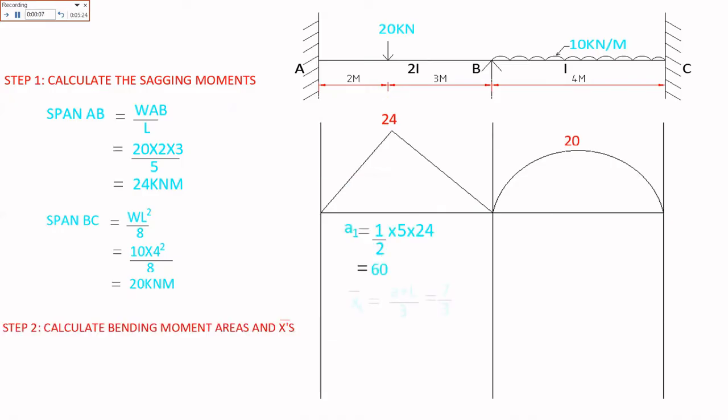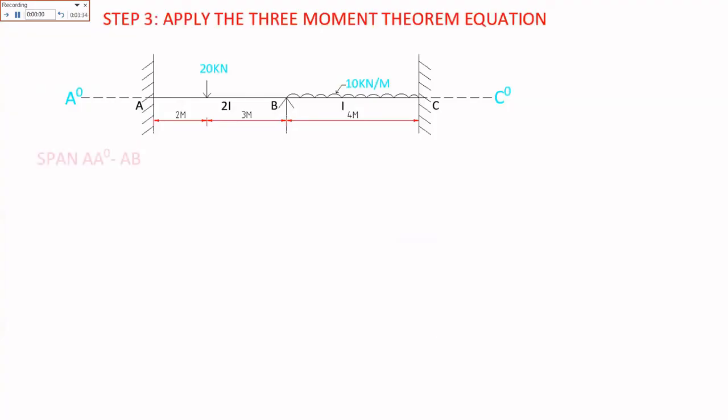I see most of the students confused. From this side to this side, we are going to use 8 over 3, this value here. Most students get it wrong.